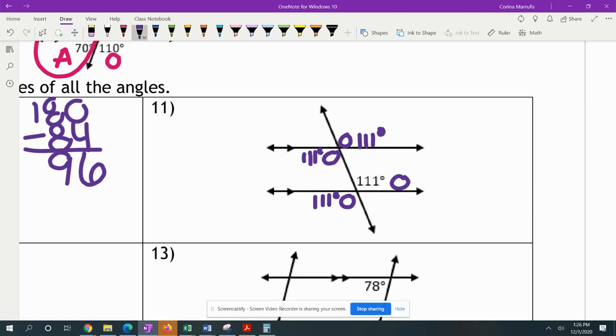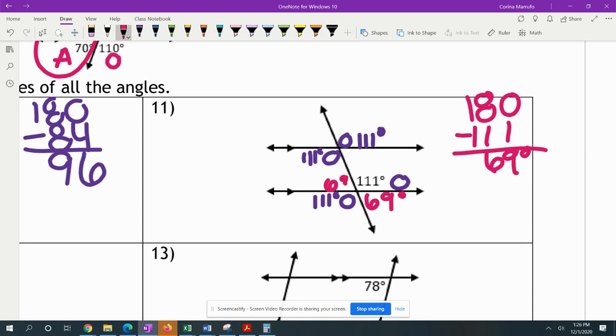To find my acute angle, I'm going to have to do 180 minus 111, and that gives me 69. So that means my acute angles are 69. So this one's 69, this one's 69, this one's 69, and this one is 69.